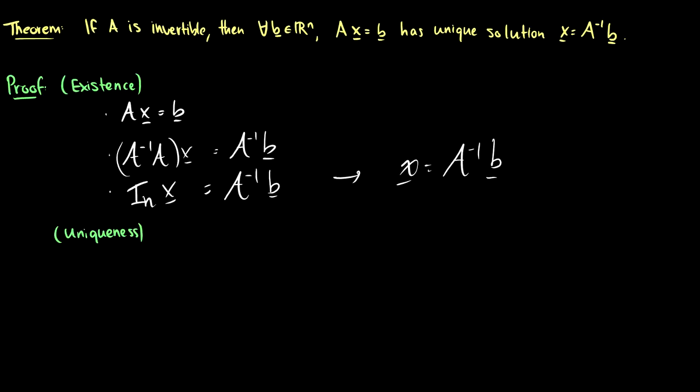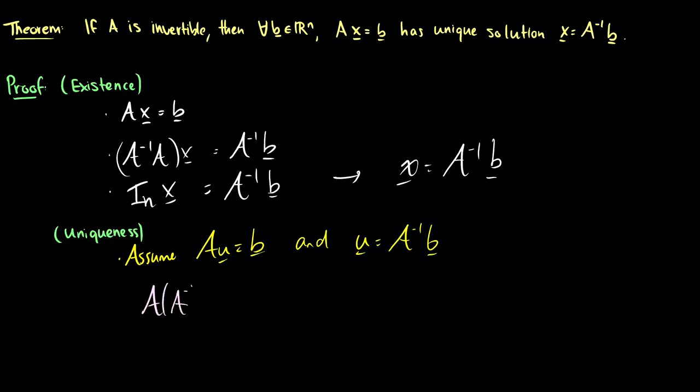What we do is we're going to assume that AU is equal to B and show that U is equal to A inverse B, so this is the only solution for U. Okay, so we're going to plug A inverse B into U. So now we have A times A inverse B, and using the associative property, this is the identity matrix times B, which is just B. Therefore, it is unique. Okay, so it exists and it's unique.